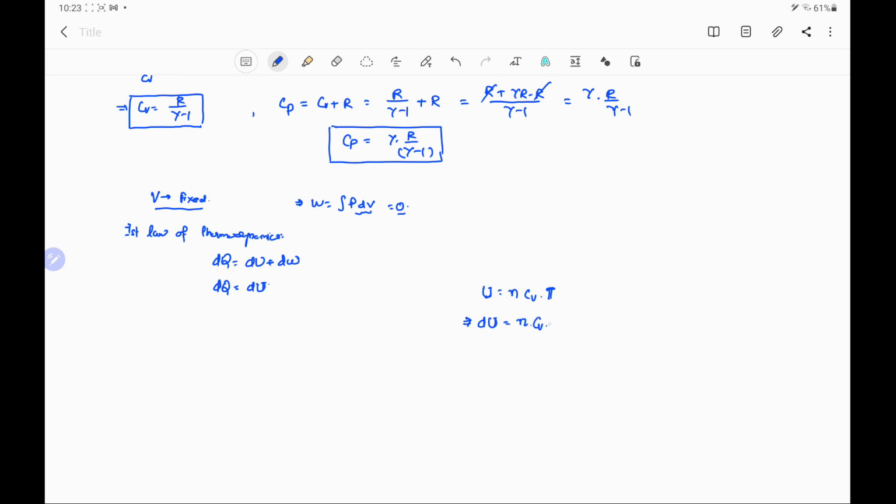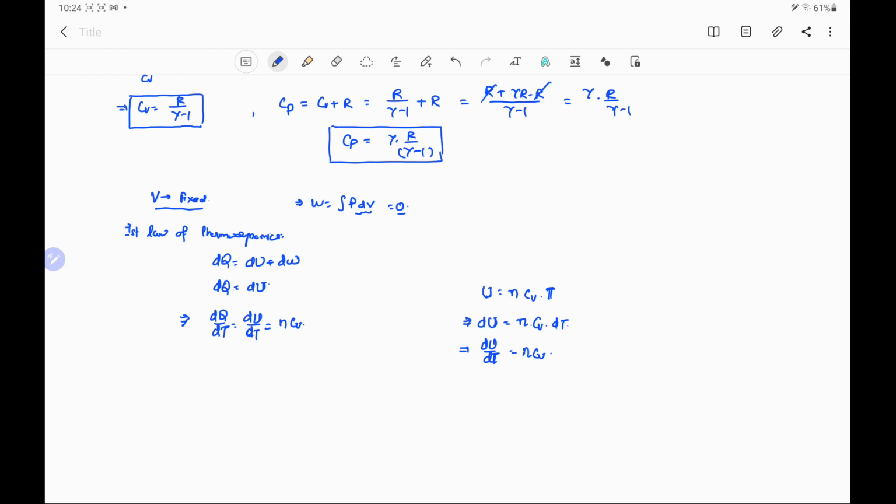So we can write du by dT equal to n Cv. This implies that dq by dt is equal to du by dt, that is equal to n Cv.